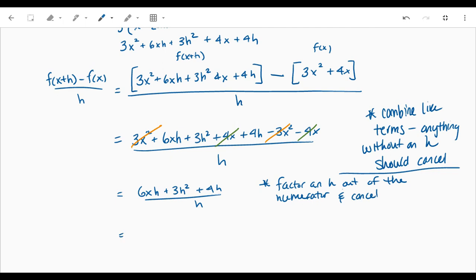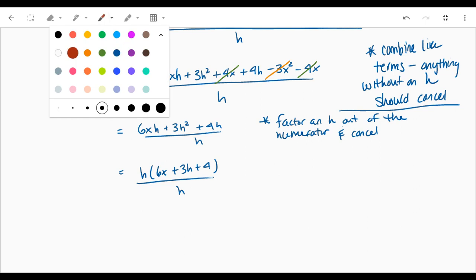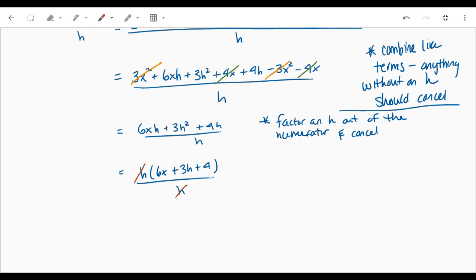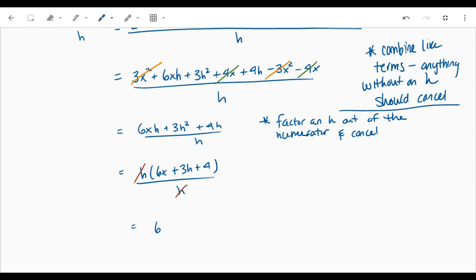So I can write this as h times 6x plus 3h plus 4 over h, and then what happens is my h's cancel, and my answer is 6x plus 3h plus 4. And that's your final answer.